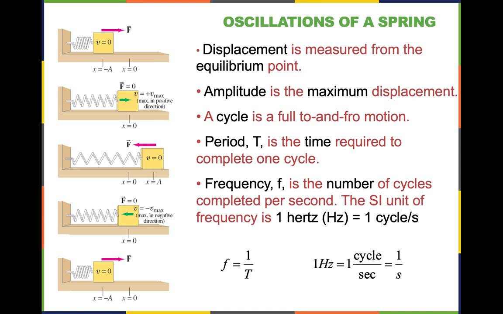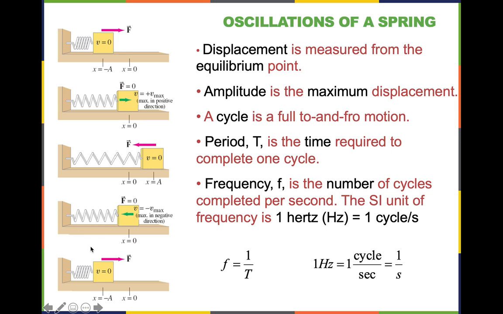So going back to that figure before, displacement is measured from the equilibrium position point. Amplitude is the maximum displacement. Let's say this spring here is compressed, and then it shoots out, trying to bring itself to its equilibrium position. Then it's going to oscillate back towards the other way with the force pushing it back towards the original position.